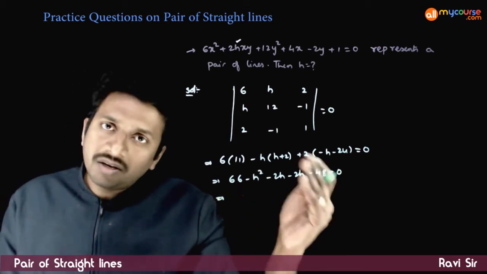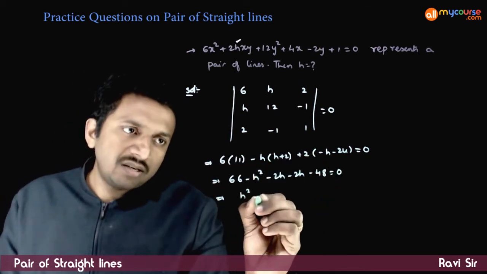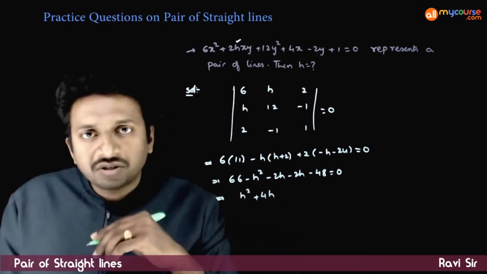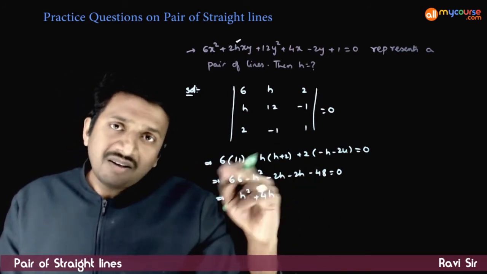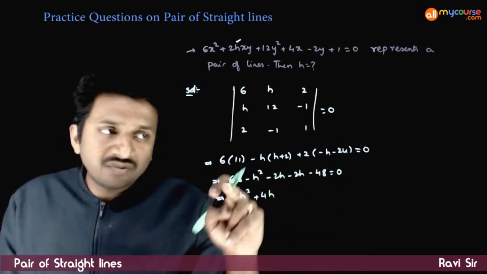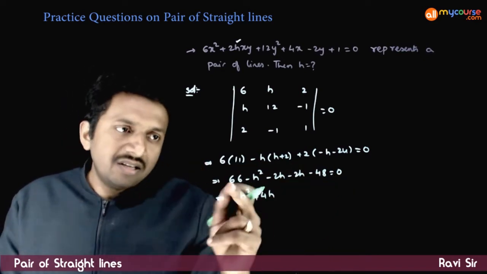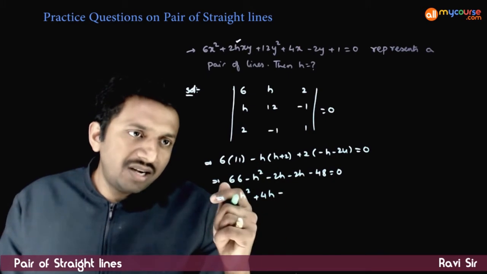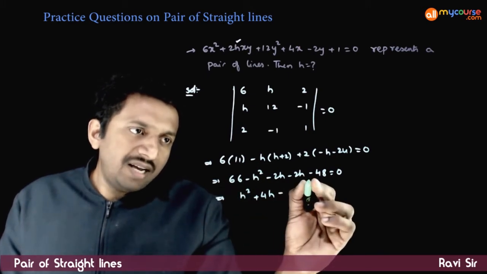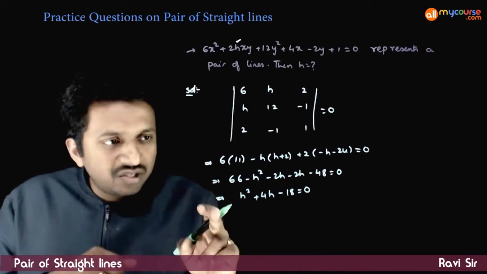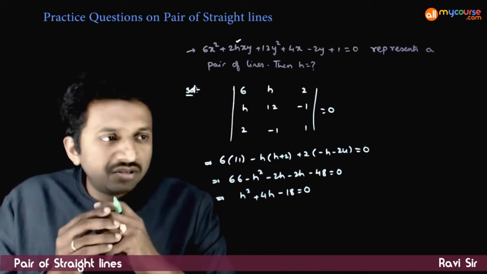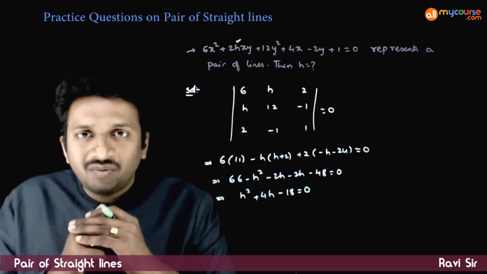So if you send all the terms onto that side, you get h square plus 4h, then 48 minus 66. So 66 minus 48 is 18. So h square plus 4h minus 18 is equal to 0.